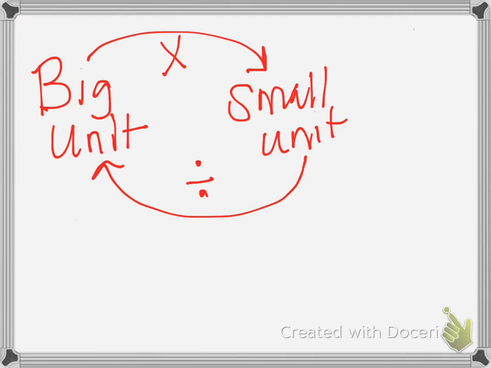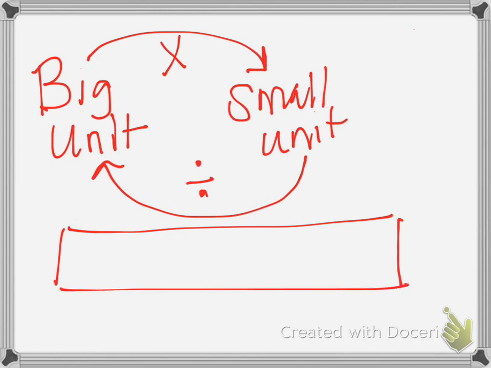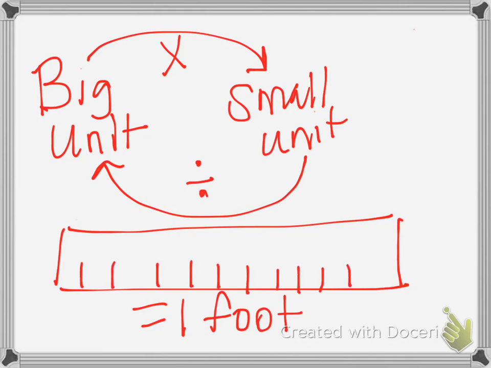Now, let me show you a little picture that might help you remember that, okay? Think about a ruler, okay? And this ruler is kind of long, okay? And it equals 1 foot, okay? But if I cut that ruler up into inches, okay, it would make, and don't count these exactly because they might not be exactly 12, but it would make 12 inches.